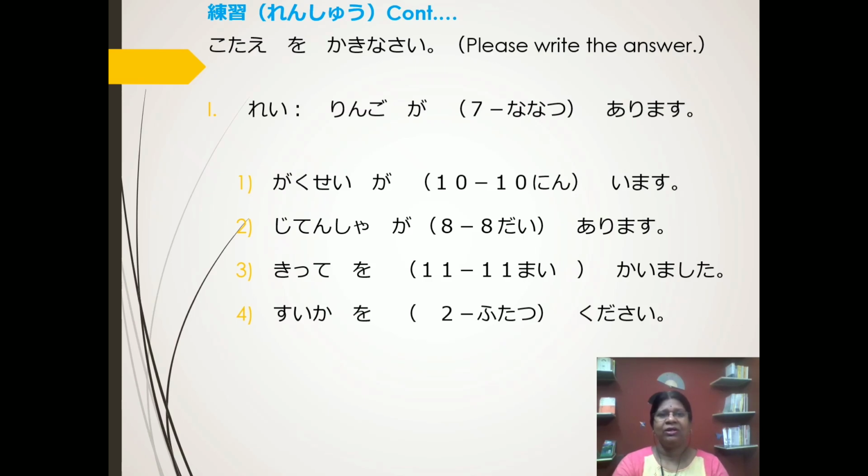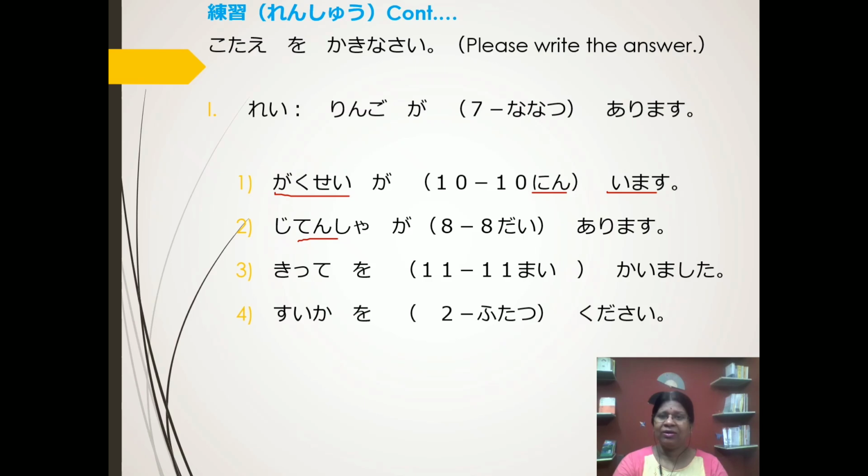1番、学生。As it is 学生, human being, person, so the counter suffix is nin. 学生が10人います。自転車 machinery things.